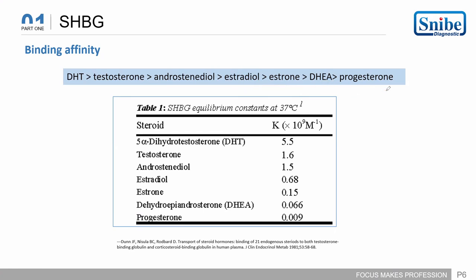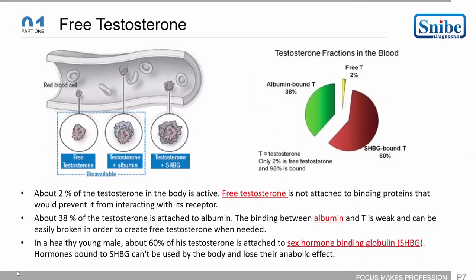This is the binding affinity of dihydrotestosterone, and these are the equilibrium constants at 37 degrees centigrade: 5 alpha dihydrotestosterone, DHT, is 5.5 times 10 to the power minus 1 molar, and then testosterone is 1.6, along with the estradiol and progesterone values. So this is the binding affinity of SHBG with the other fertility hormones and related hormones.